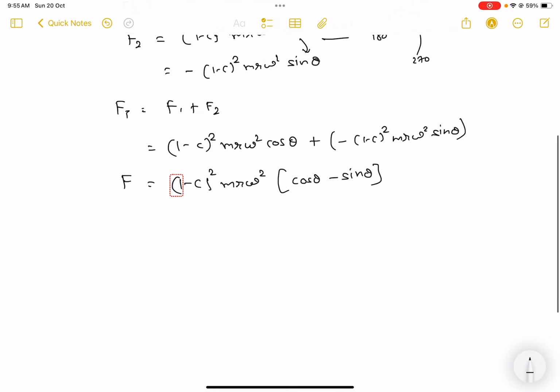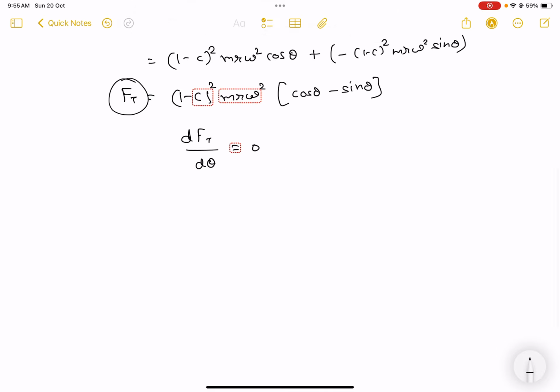Now to find the maximum and minimum of this total force, wherever there is a variation with respect to theta, the differentiation with respect to theta should be 0. So we define d by d theta of (1 minus c) square mr omega square (cos theta minus sin theta), and this should be 0.